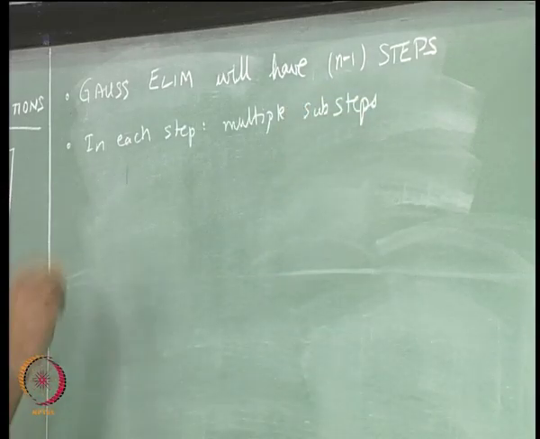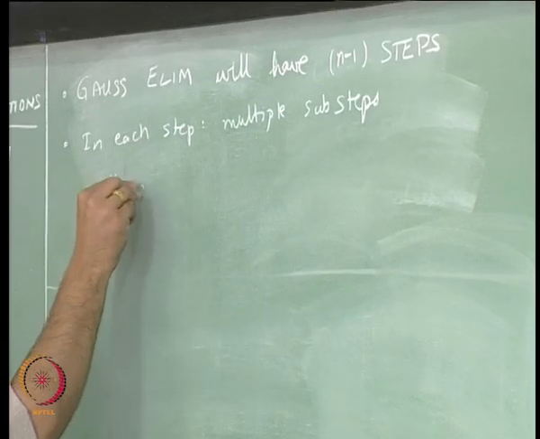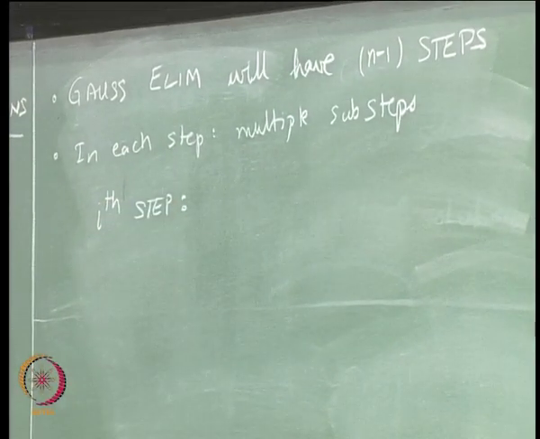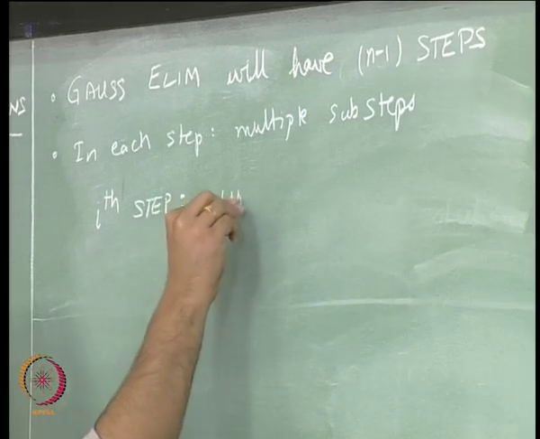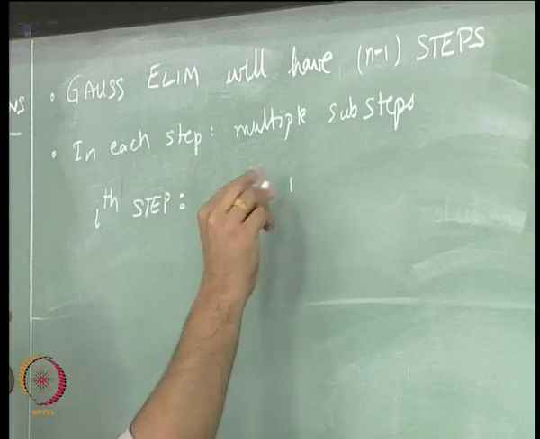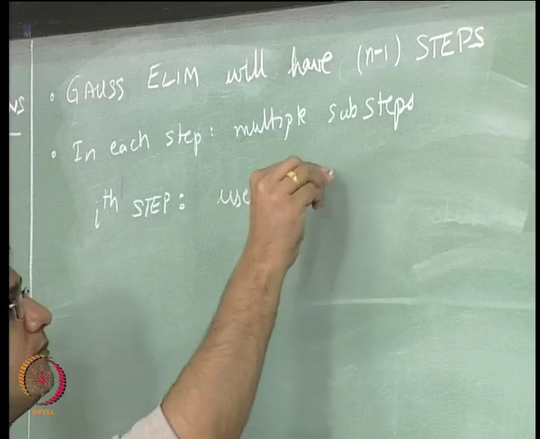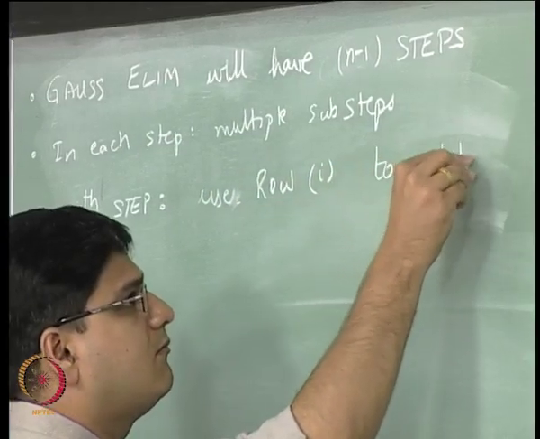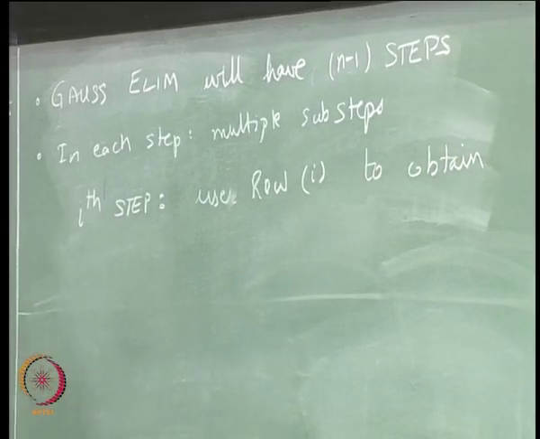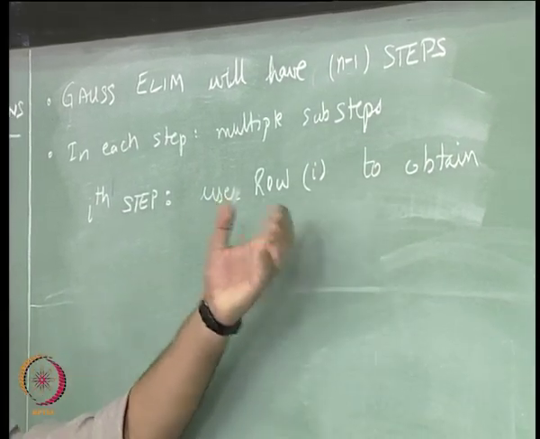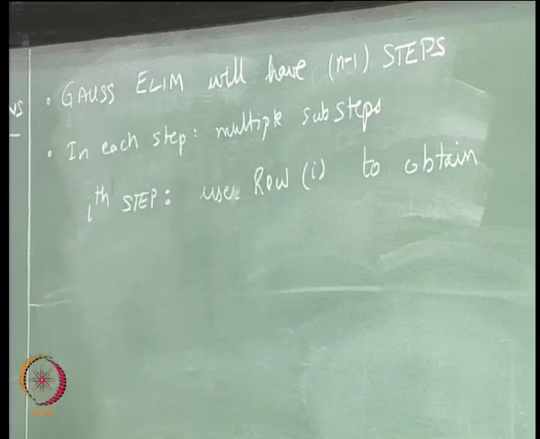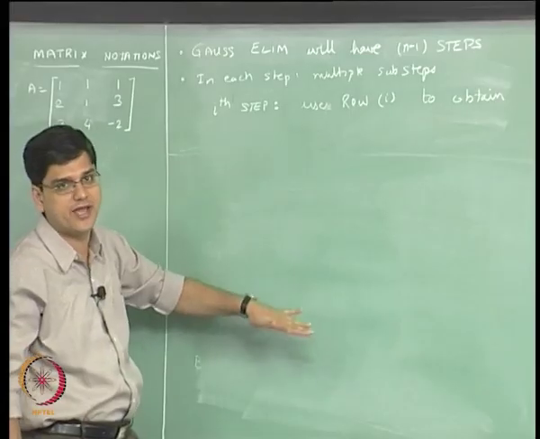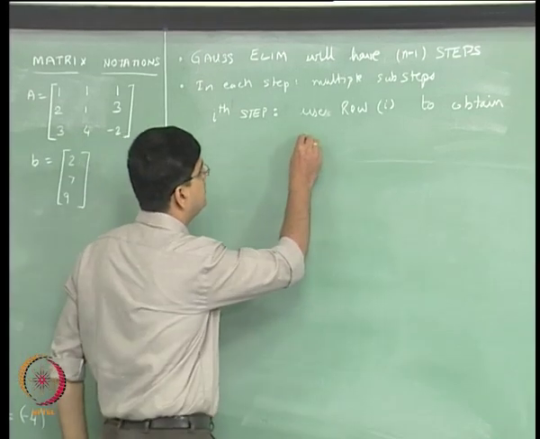What we will do in the ith step, we will use the ith row to make the coefficients of xi in all equations from row i plus 1 up to row n equal to 0.